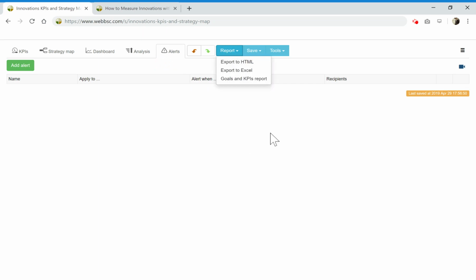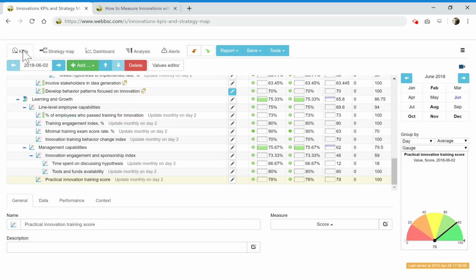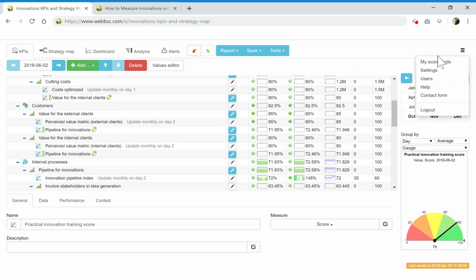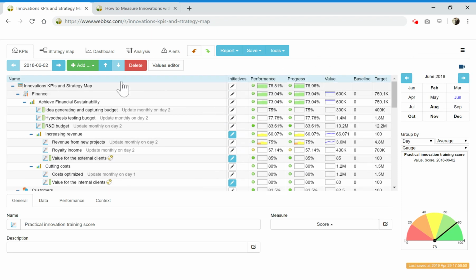Of course, you have some reports, you have some tools, and if you go to your scorecards, you will be able to create more strategies, not just for innovation. You will be able to link different strategies together by data or by business goal, and of course set up some access rights to the scorecard, to the indicator, these things.